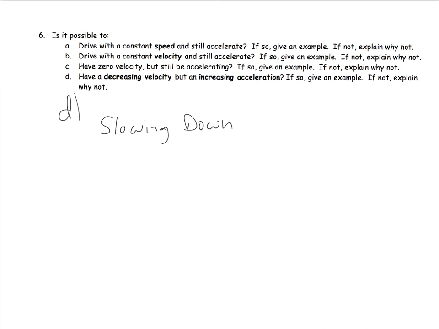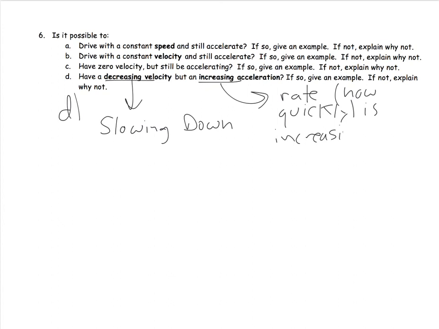And the increase in acceleration part indicates that the rate, or how quickly the object is slowing down, is getting bigger. So we're slowing down more quickly than we were before.